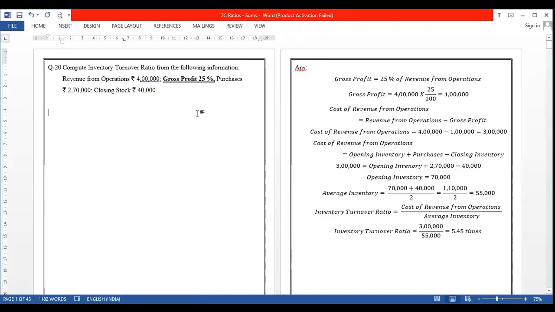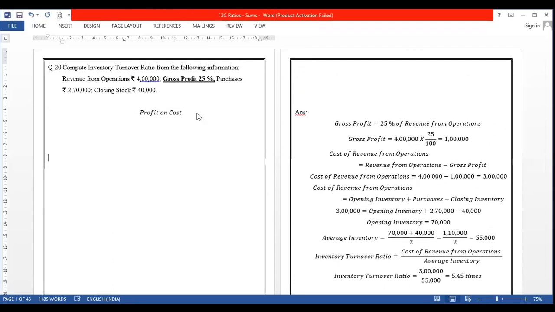Very good question actually. When you charge a profit, profit on cost is one way of charging the profit, and another way is profit on sales. There are two ways to charge the profit. Now, if nothing is mentioned, we just take this by default as profit on sales.